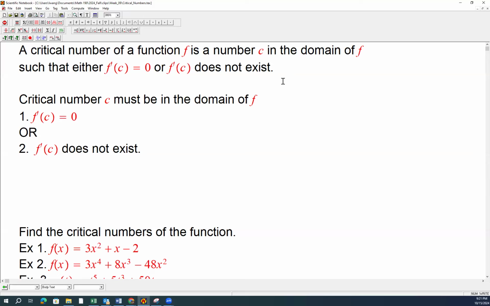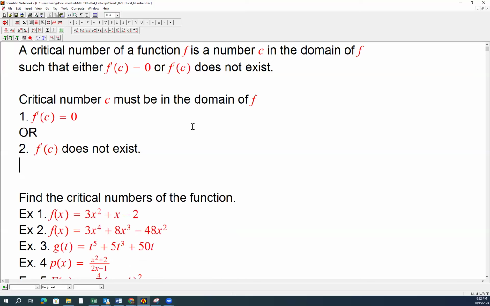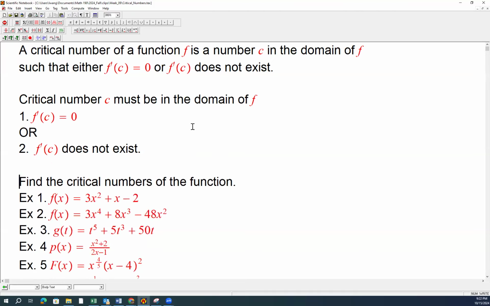And we also understand that if a function is differentiable and the derivative is not equal to 0, then those points are not candidates for local max, local min. So with that understanding, let's take a look at these examples I found from your homework.